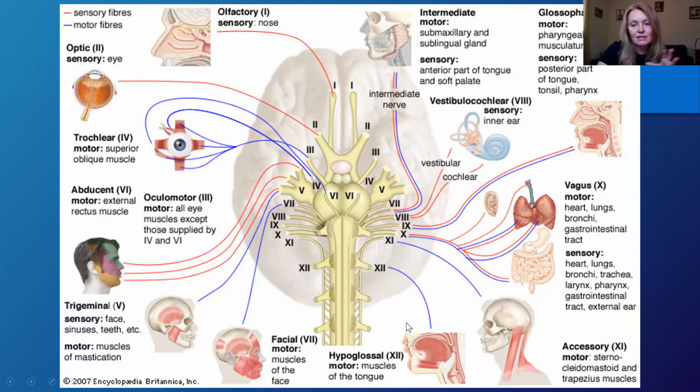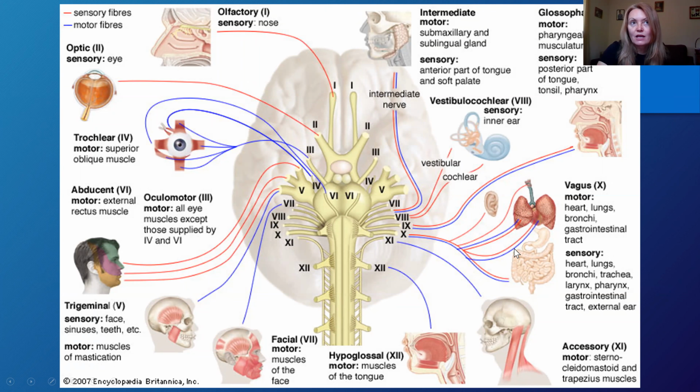Let's say the accessory innervates your muscles, sternocleidomastoid and trapezius. But the only nerve that goes beyond the neck region is the vagus, and the vagus innervates almost all your internal organs.